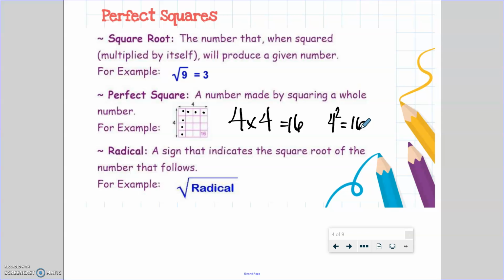Okay? When you square a number, that's the area of the square. When you find the square root of a number, that is the side of the square. This would be the side length.